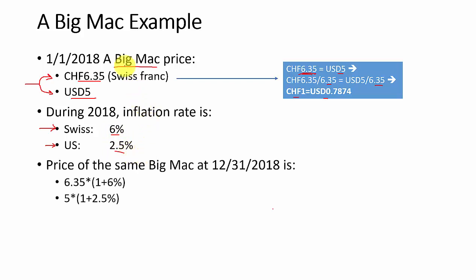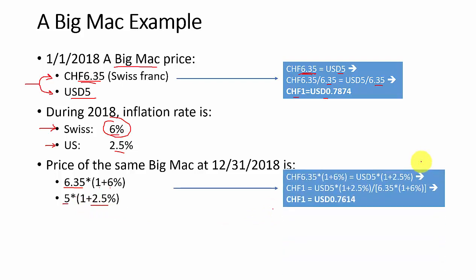So it means at the beginning, the price is 6.35, and now after a year with the inflation of 6%, the new price in Swiss francs will be the original price 6.35 multiplied by 1 plus the inflation rate. And the same thing in the US, initial price multiplied by 1 plus the 2.5% inflation rate, right?